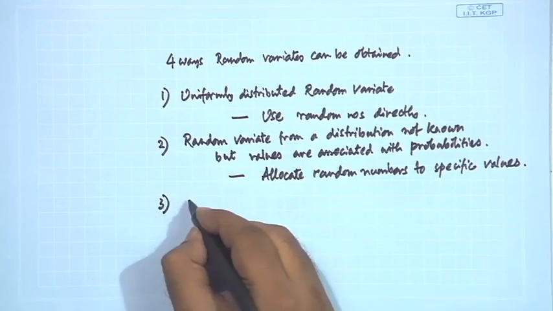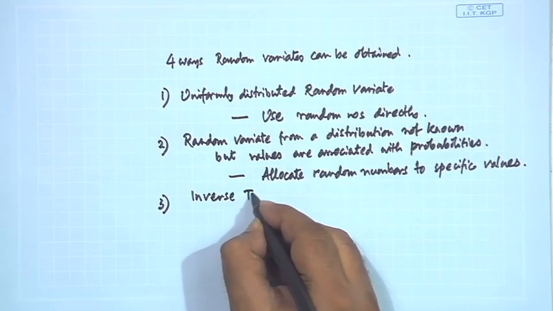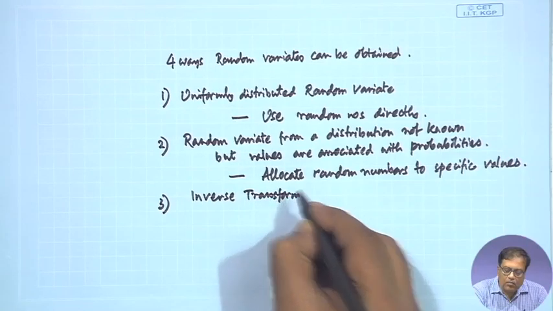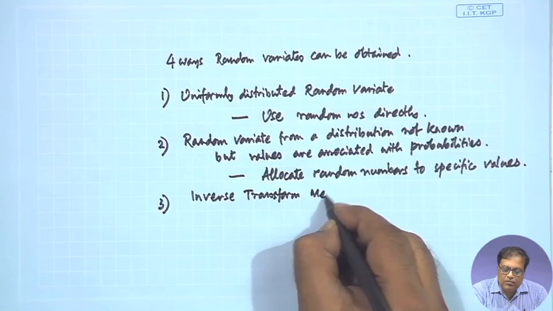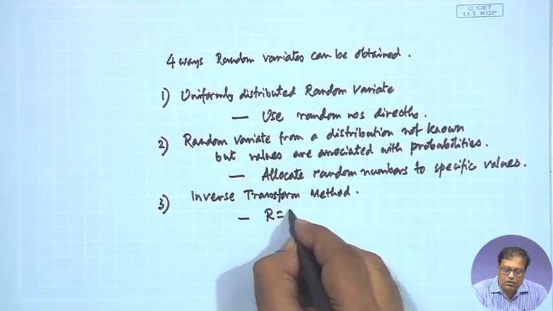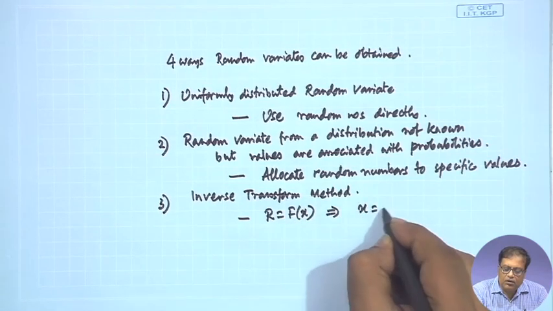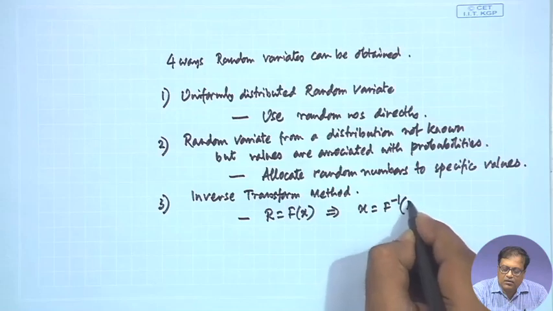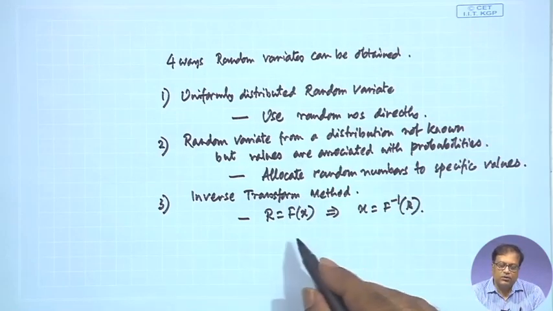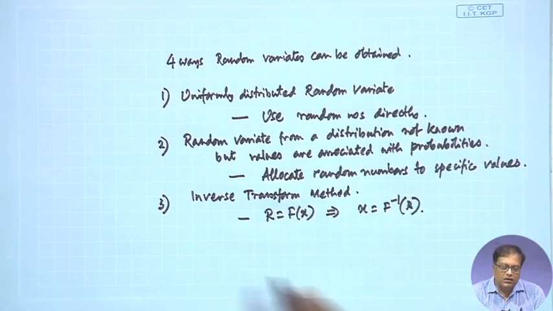The third is the inverse transform method. Basically r equal to F(x), from here x equal to F inverse of r. What happens? The F(x) is known, that means the cumulative distribution function is specifically known and that can be used.